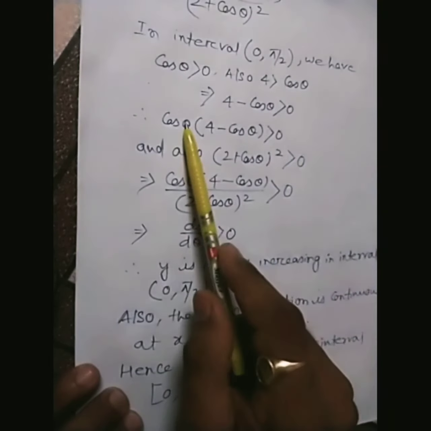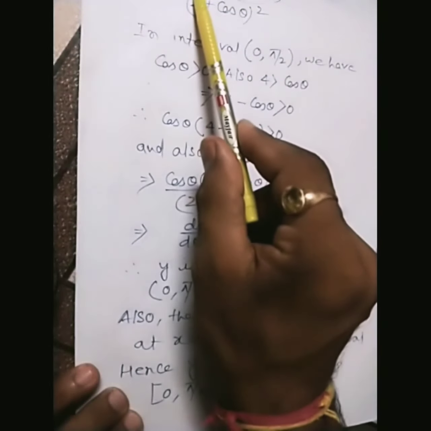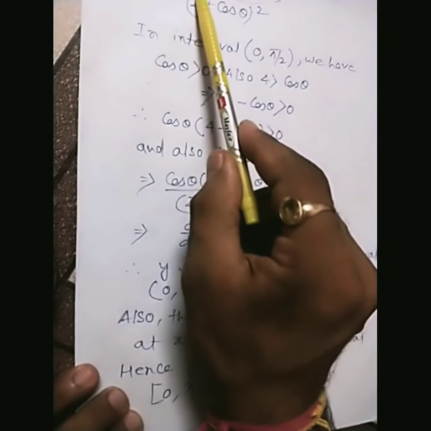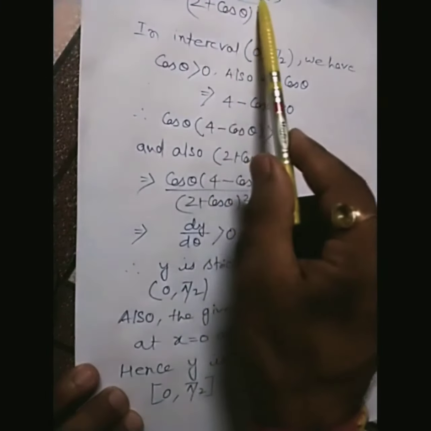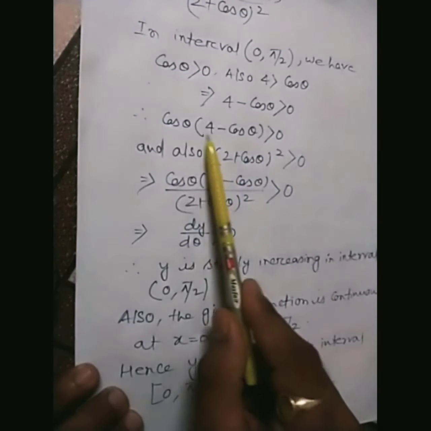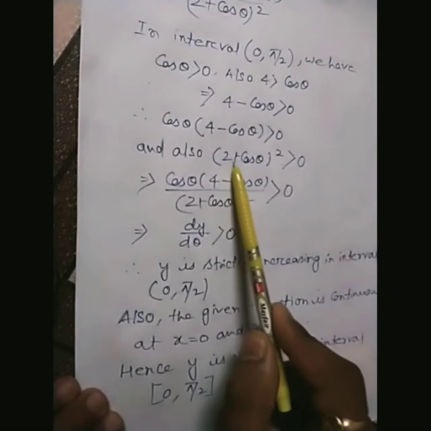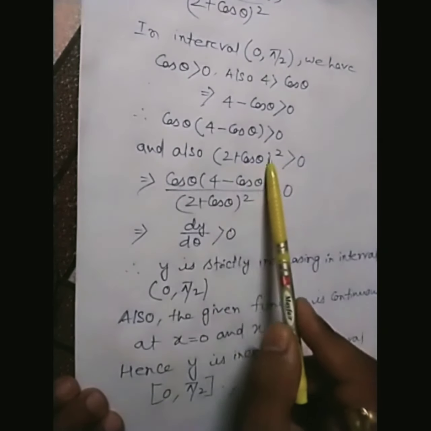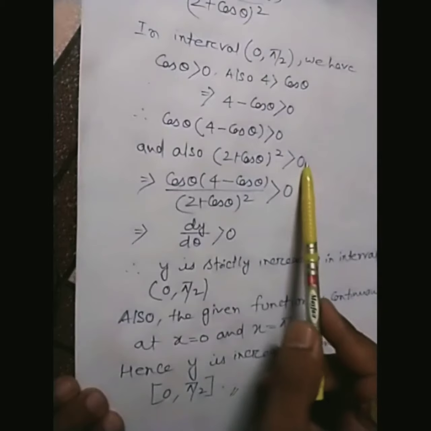Taking the numerator part, cos theta (4 minus cos theta) will always be greater than 0, because cos theta is greater than 0 and this is also greater than 0. Also (2 plus cos theta) whole square is a positive term, so this is always greater than 0.